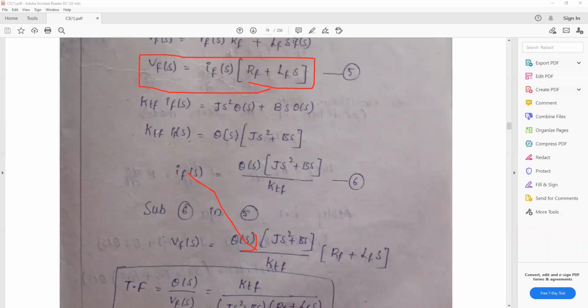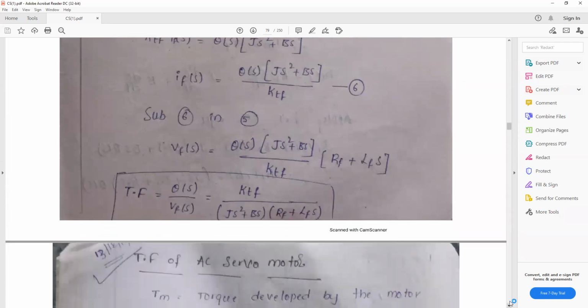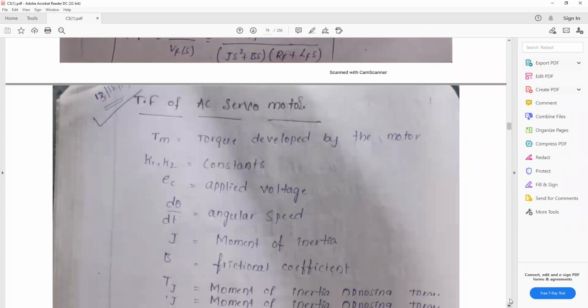The output of this DC servo motor is angular displacement theta of S, and the input is field voltage Vf of S. So the transfer function theta of S by Vf of S is equal to KTF by JS square plus BS into RF plus LFS. This is the transfer function of field controlled DC motor.